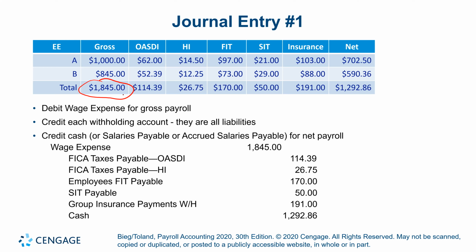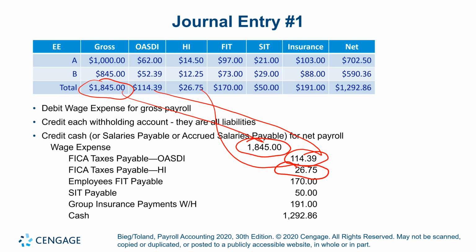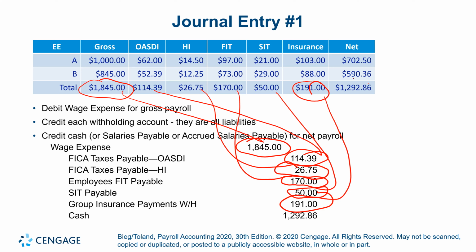So here's our gross, right? Here's Social Security. Here's health insurance, right? Here's federal income tax withheld, state income tax withheld, insurance, and then again, that net pay.